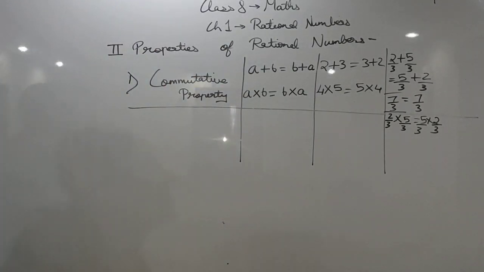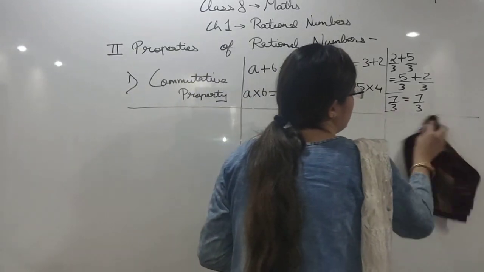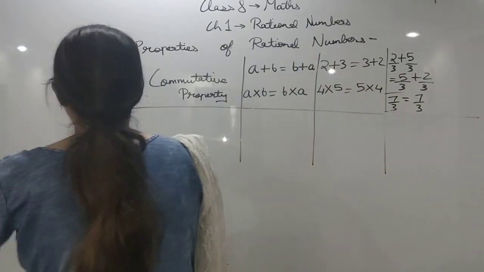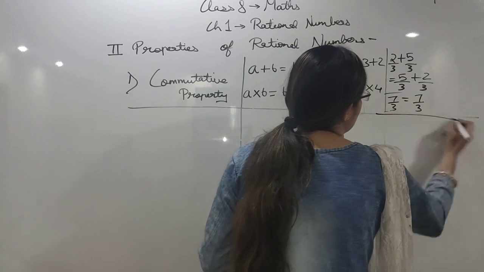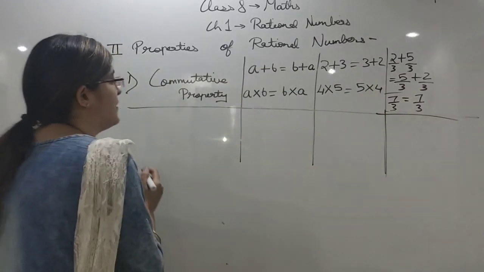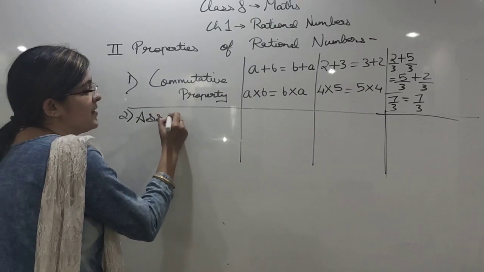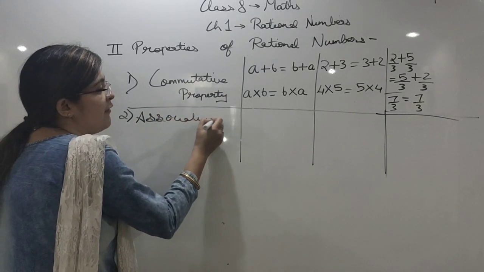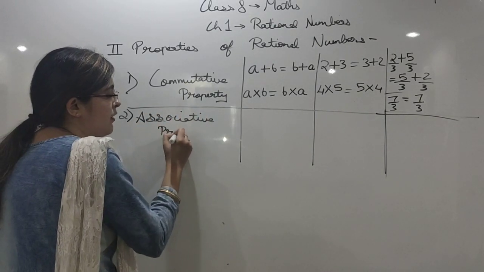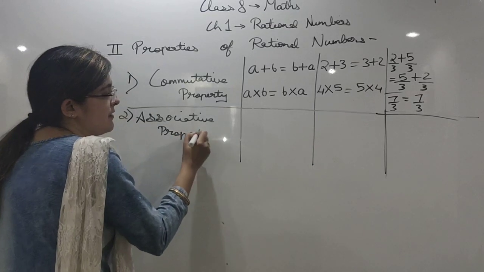Now let's move on to the next property. Our next property is the associative property. What does it tell us?